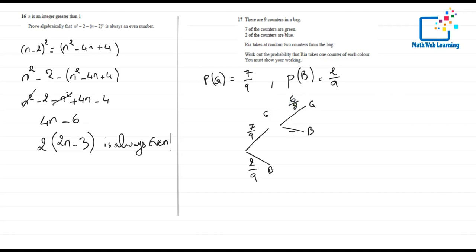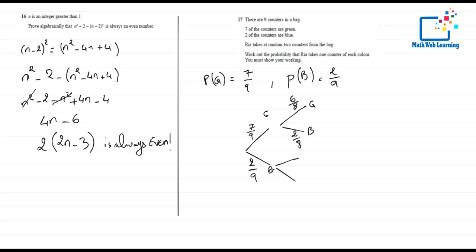And for the blue, you still have the same number of blue, which is 2, but again the total number of counters is 8, because we've already taken one counter. Okay, and let's do the second option, a similar thing.